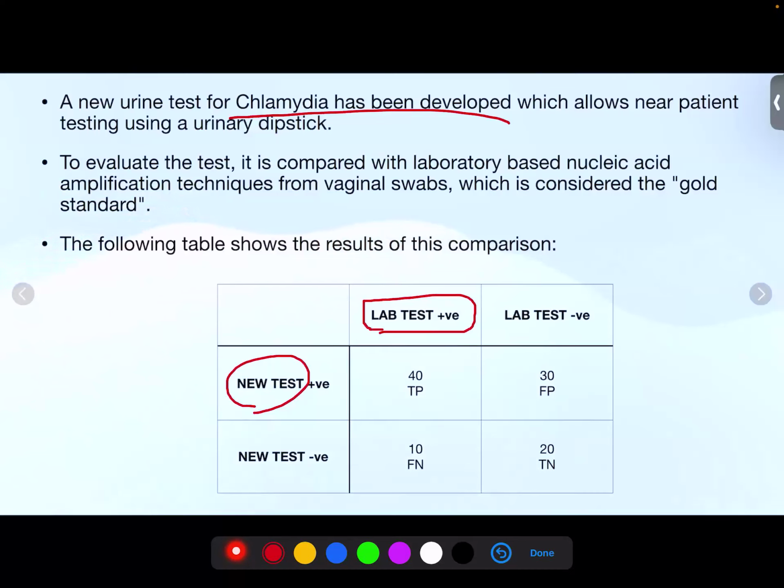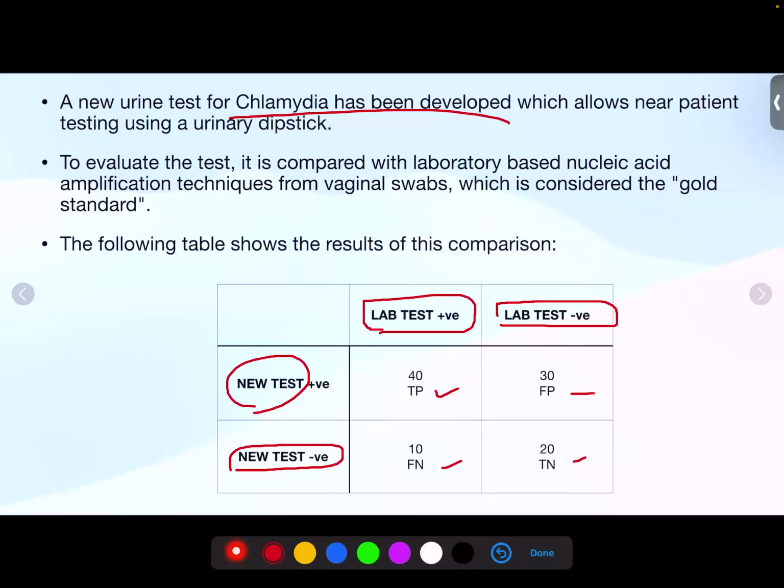Here they have written the lab test positive and lab test negative, and the new test with its positive and negative values. So this is true positive, false positive, false negative and true negative. This kind of table you would get in the exam, or they may write things like: 40 people are screened positive with the new test.